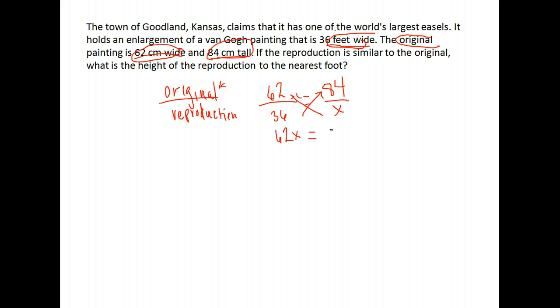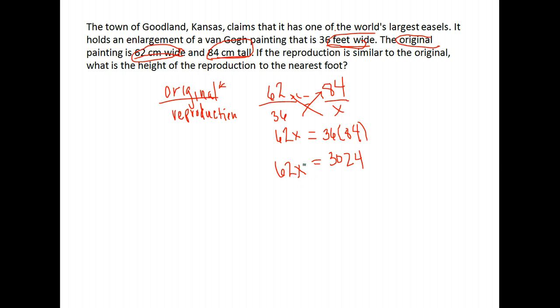So we have 62x is equal to 36 times 84. Go ahead and multiply that, 36 times 84. That gives us 3,024. And over here on the other side, we still have our 62x.